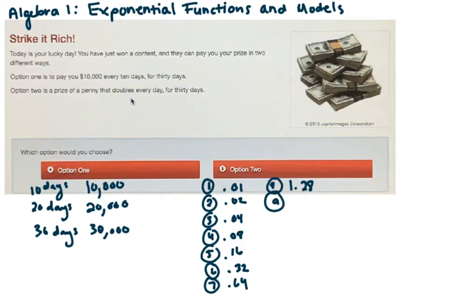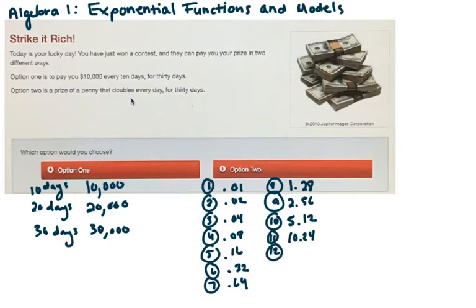Day nine, $2.56. Day 10, $5.12. So day 11, $10.24.